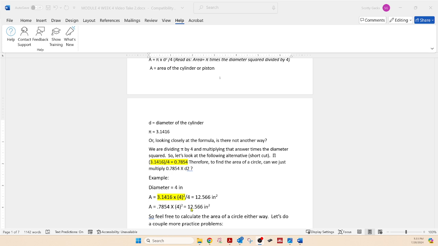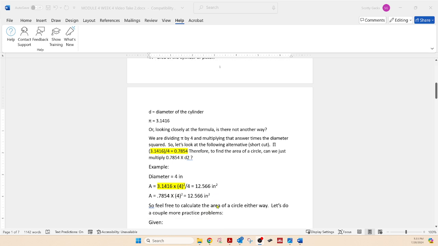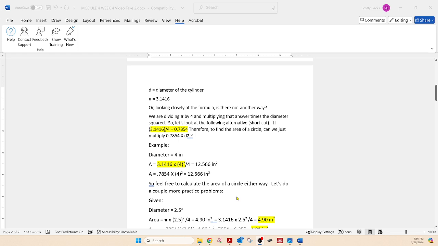So feel free to calculate the area of a circle in this course either way. You can do the longhand way. You can even go to pi r squared if you want to. But I noticed the little cartoon character in the week 3 video used the 0.7854.